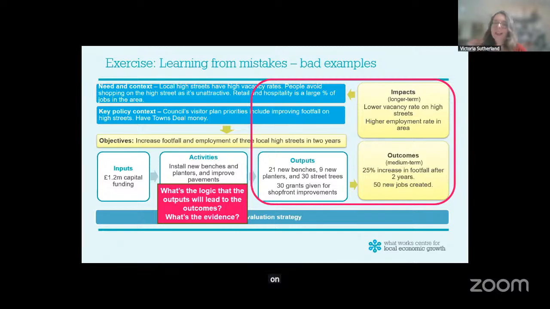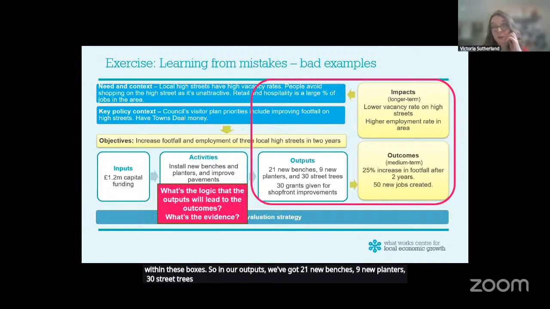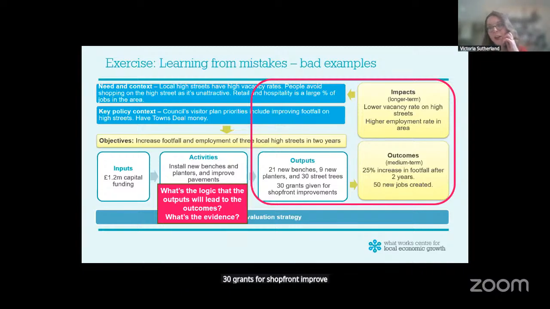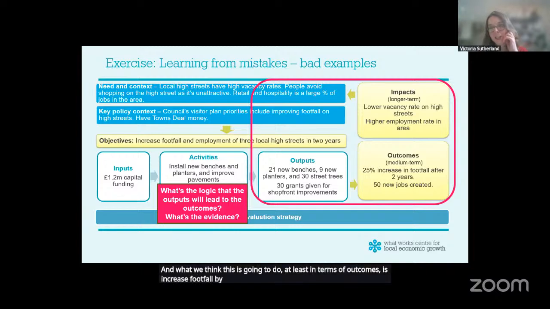on the different bits. The other thing that I would really challenge here is there seem to be some disconnects within these boxes. So in our outputs, we've got 21 new benches, 9 new planters, 30 street trees, 30 grants for shopfront improvements. And what we think this is going to do, at least in terms of outcomes, is increase footfall by 25% in a 2-year period and create 50 new jobs, okay?